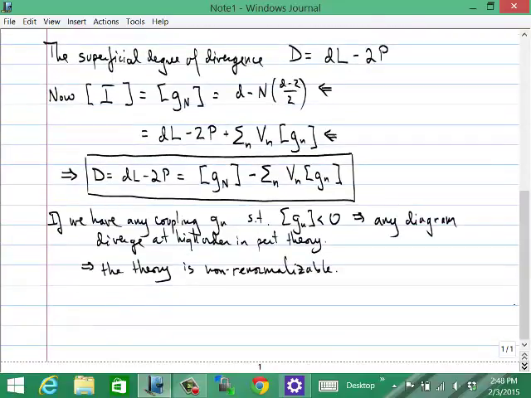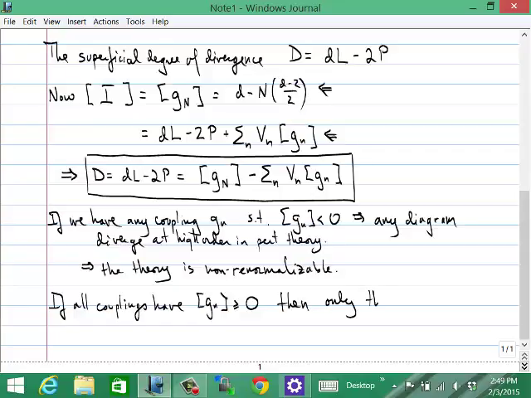On the other hand, if all of the couplings in the theory have positive dimension, then only a finite number of amplitudes diverge. And in particular, then only those amplitudes with G sub capital N being greater than or equal to 0 can possibly diverge.